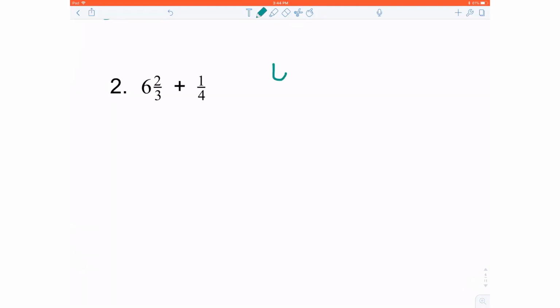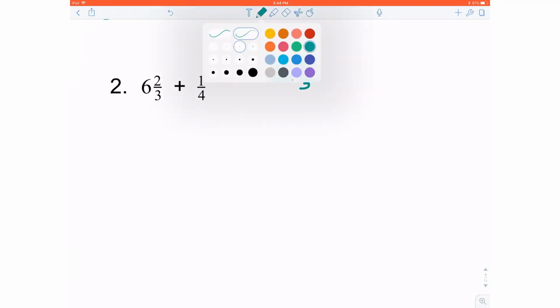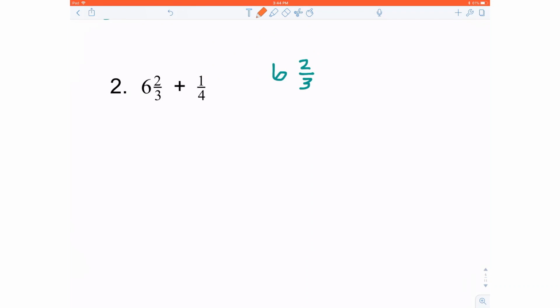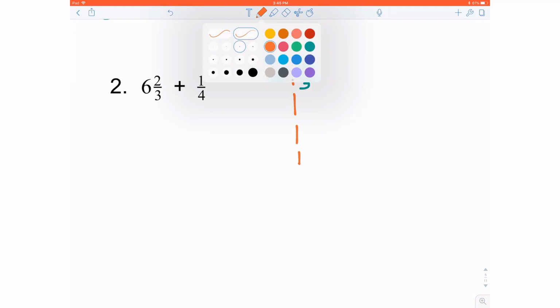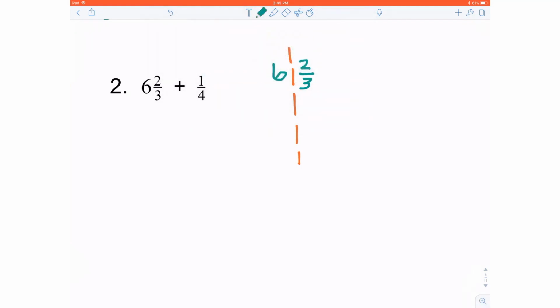So I'm going to do 6 2/3. I'm going to separate them with my line again, just so you can see it. And so 6 2/3 and 1/4. Now I'm going to add them.